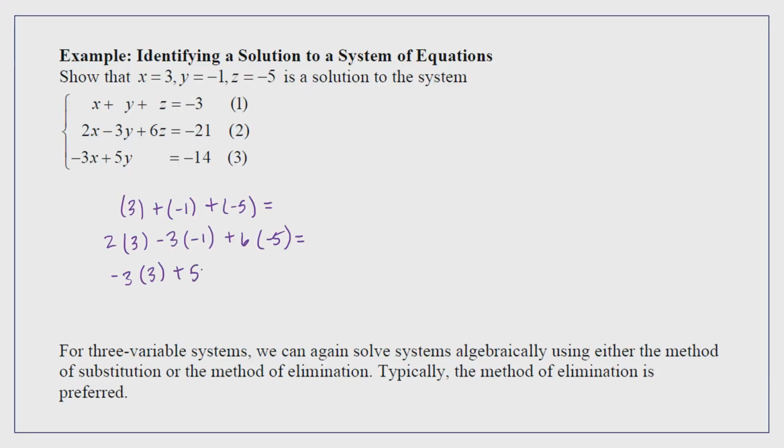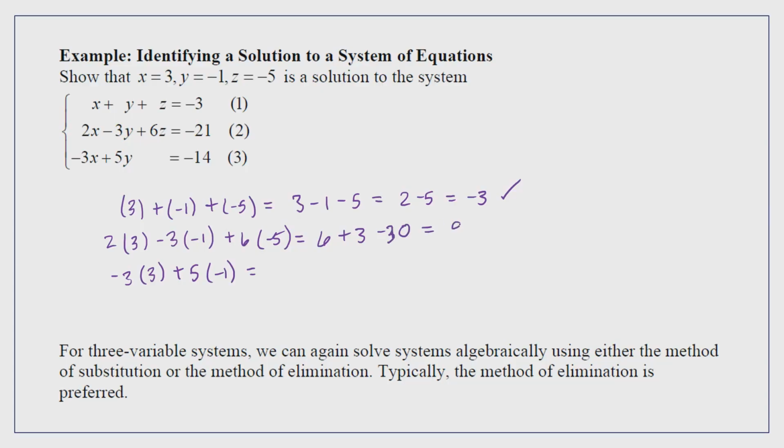And I want to know if that equals 14. Okay, so now we can simplify. So 3 minus 1 minus 5. That's 2 minus 5, which equals -3. That's true. So we have 6 plus 3 minus 15. No, not 15. That would be 30.